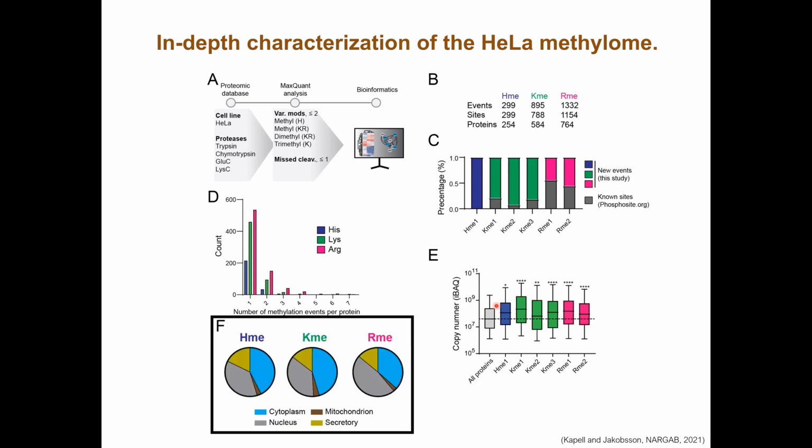Then finally, we explored the subcellular localization of the proteins that carried the different types of methylation. And here we observed that histidine, lysine, and arginine methylation were distributed across the different subcellular structures, and also at comparable frequencies.